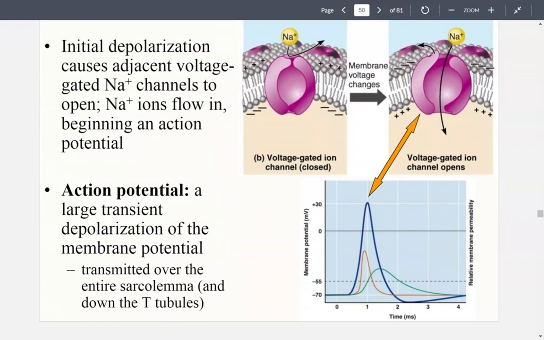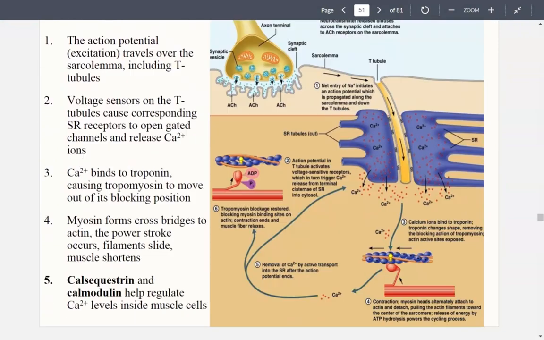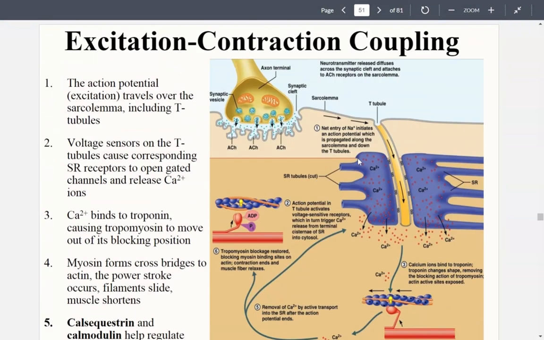All right. So, this action potential is going to be transmitted over the entire sarcolemma surface, so over the entire muscle fiber surface, and down into every single T-tubule. This is the excitation-contraction coupling phase.